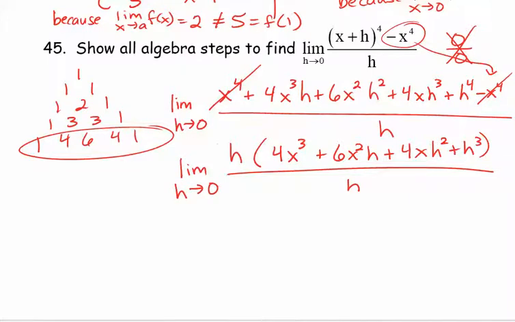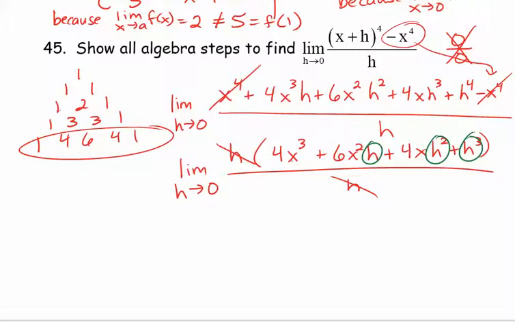But now we've solved our 0 over 0 problem because we can cancel by h. So we no longer have a 0 in the denominator, and now we can do direct substitution. Everywhere where we see an h, those terms are going to go to zeros.